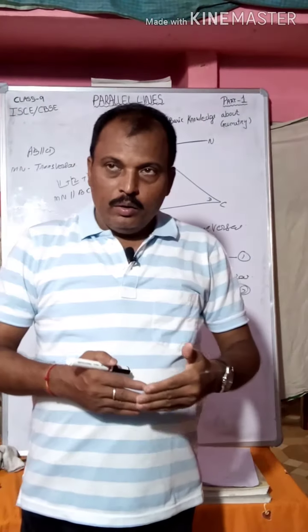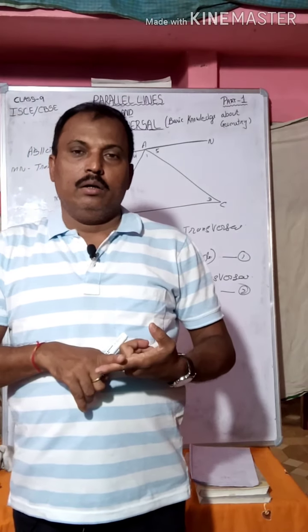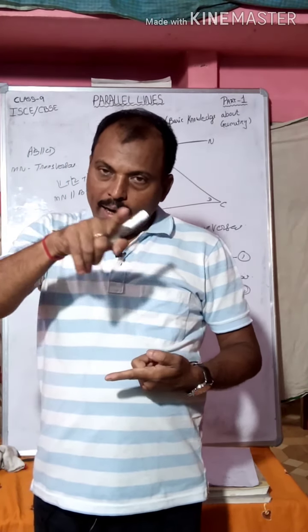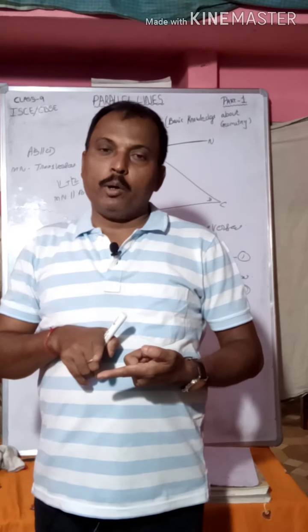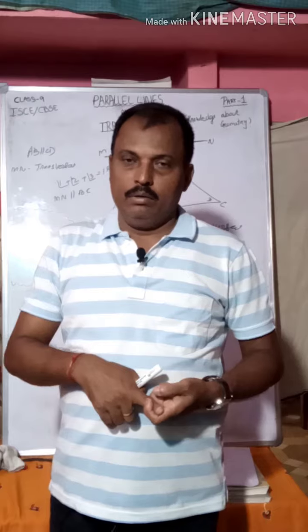We know that at any point on a line, the angle will be a protractor angle, that is 180 degrees, a straight angle.